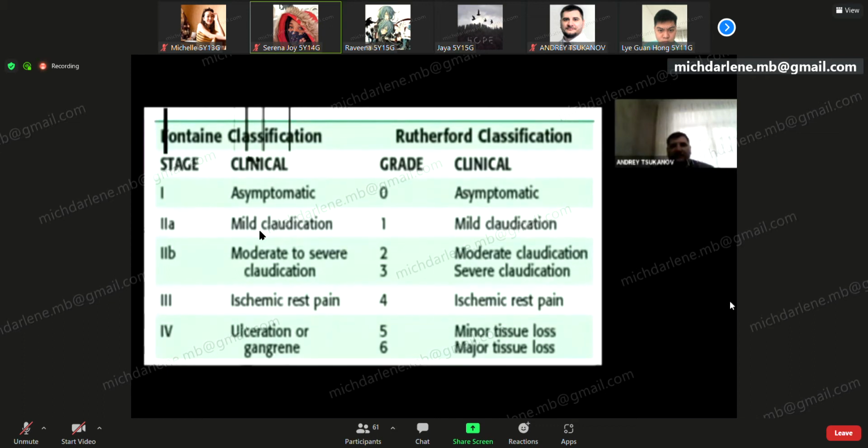In Rutherford classification, asymptomatic is stage 0, mild claudication stage 1, moderate claudication 2nd stage, severe claudication 3rd stage, ischemic rest pain 4th stage, minor tissue loss 5th stage, and 6th major tissue loss.